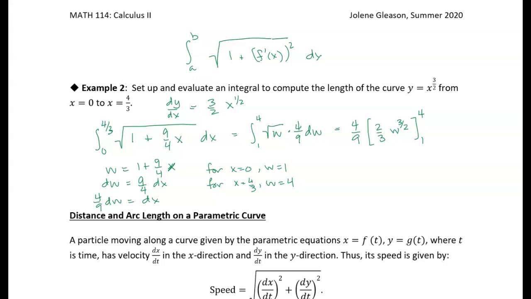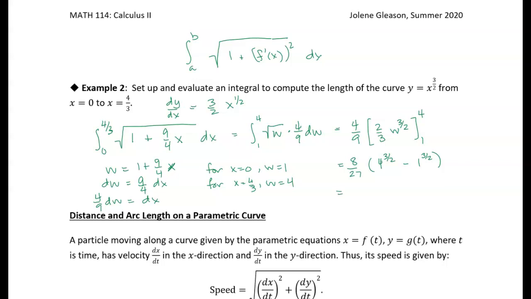Well, I can combine the 4/9 and the 2/3, so I'm going to get 8/27. Then I have 4 to the 3 halves minus 1 to the 3 halves. 1 to the 3 halves is just 1. The square root of 4 is 2, and then I cube it, so this becomes 8.